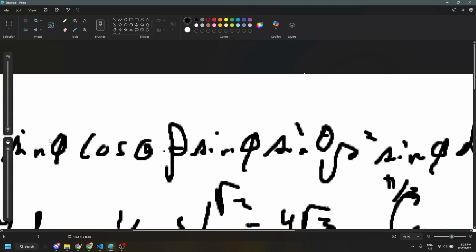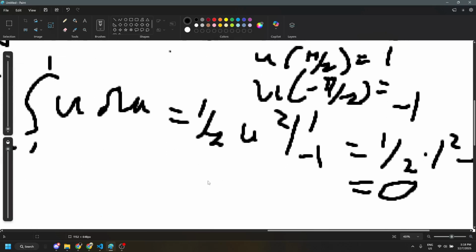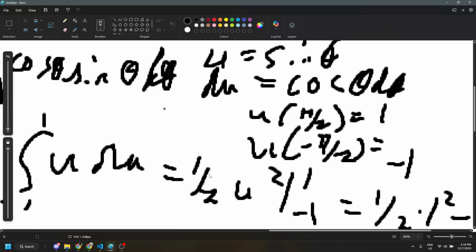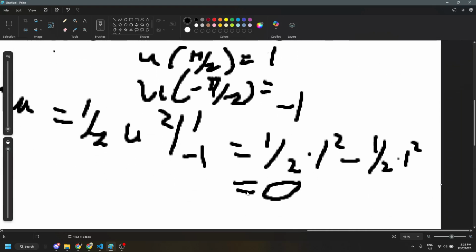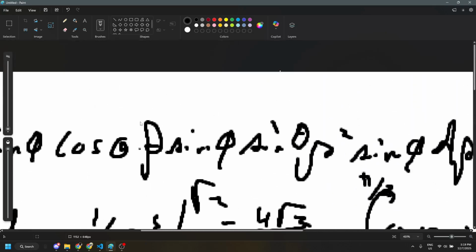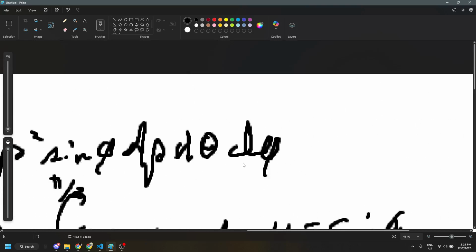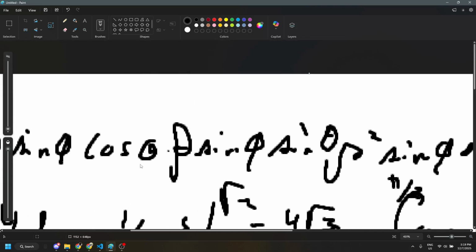I mean, it's xy, so I don't think I did anything wrong. So 1/2 times 1 squared is 1, minus 1/2 negative 1 squared, which is 1. So it's equal to 0. So that would mean since it's multiplied, the entire integral is equal to 0.